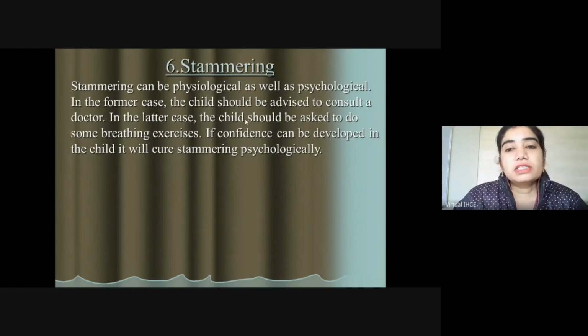In the latter case, the child should be asked to do some breathing exercises. If confidence can be developed in the child, it will cure the stammering psychologically. So, confidence has to be developed in the child to reduce or cure the stammering.